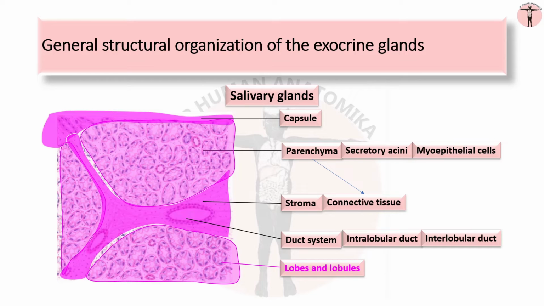The interlobular ducts join to form the interlobar ducts present between adjacent lobes. Interlobar ducts join to form single main duct which opens into the oral cavity.